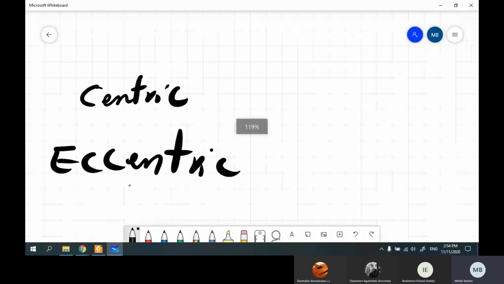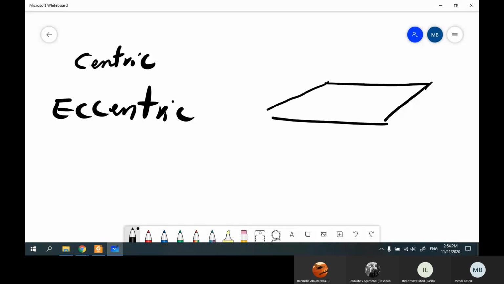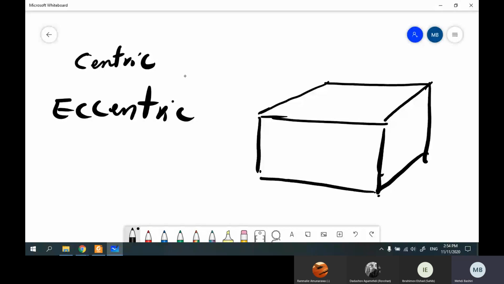I think you remember that in strength of material we talked about, for example, this member. You remember that we called it neutral axis.